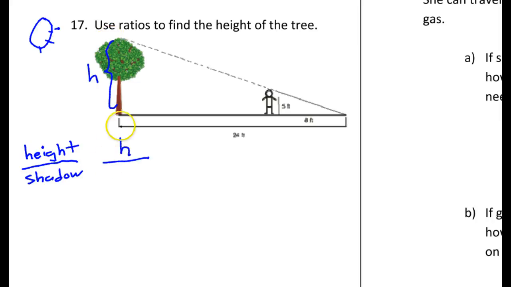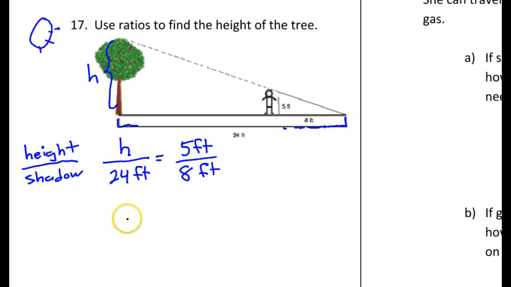The shadow of the tree, so from here all the way to here, that's 24 feet. And notice how this line tells me that's the whole shadow of the tree. So we do not have to worry about the 8 feet, the shadow of the person yet. Okay, the height of the person is 5 feet. And the shadow of the person is 8 feet.